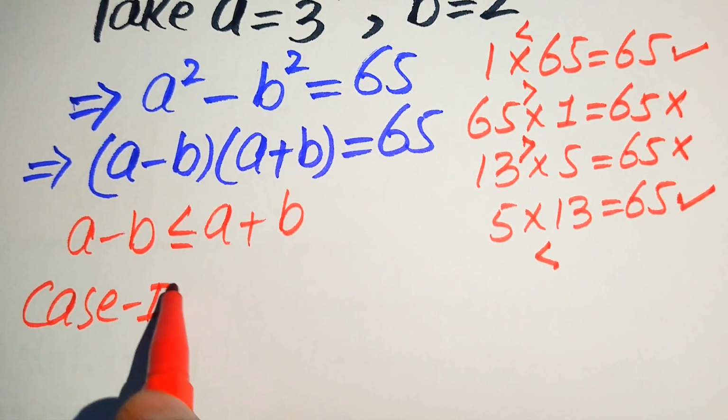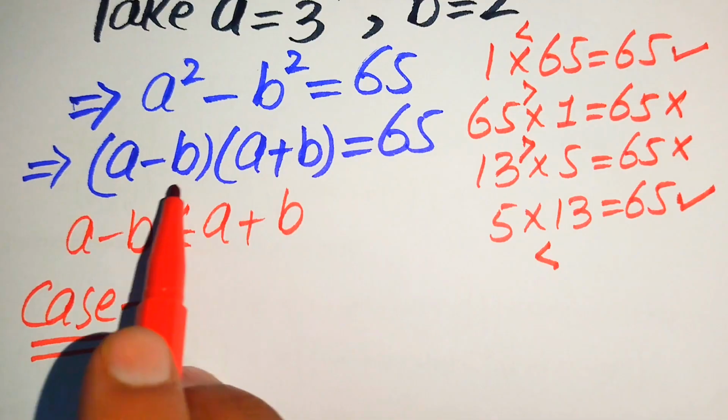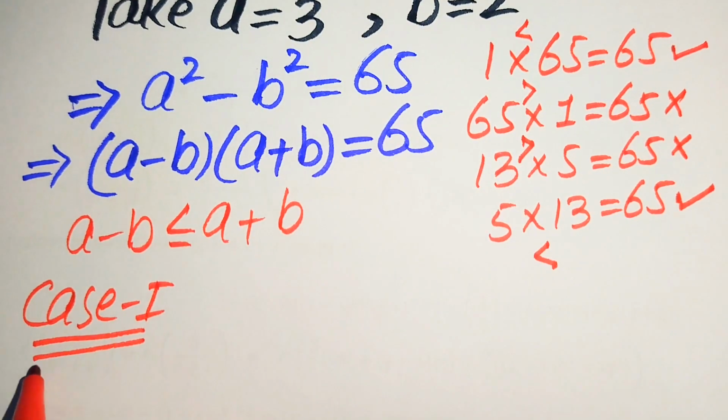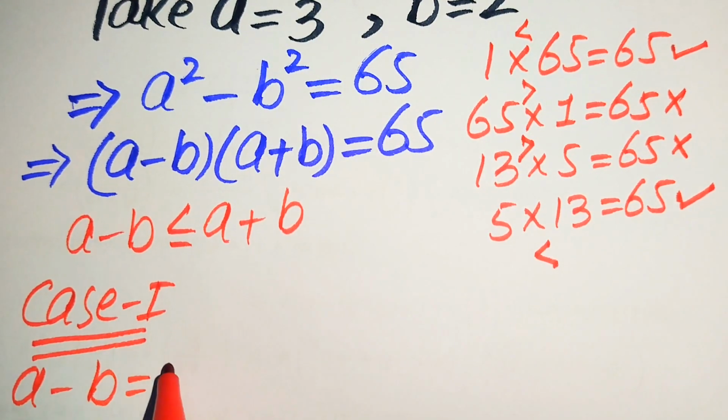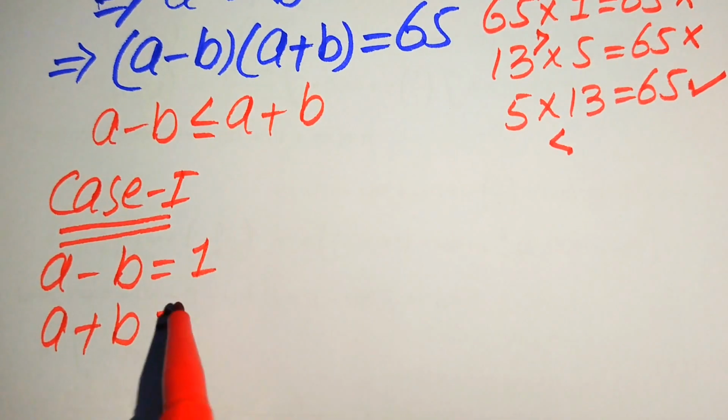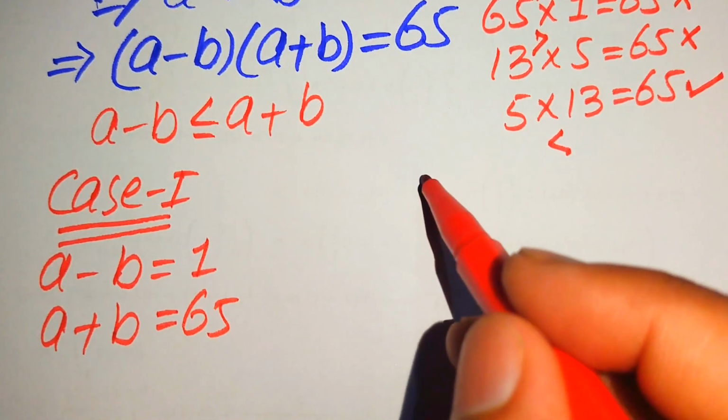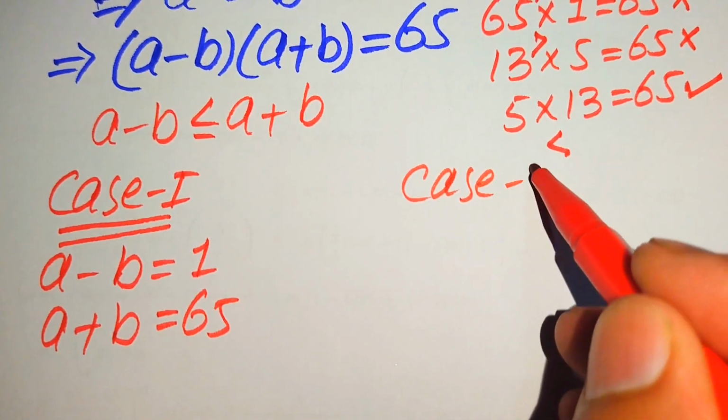So we divide this equation into two cases. In the first case, we compare the factors a minus b and a plus b with 1 and 65, and we get a minus b equals 1 and a plus b equals 65.